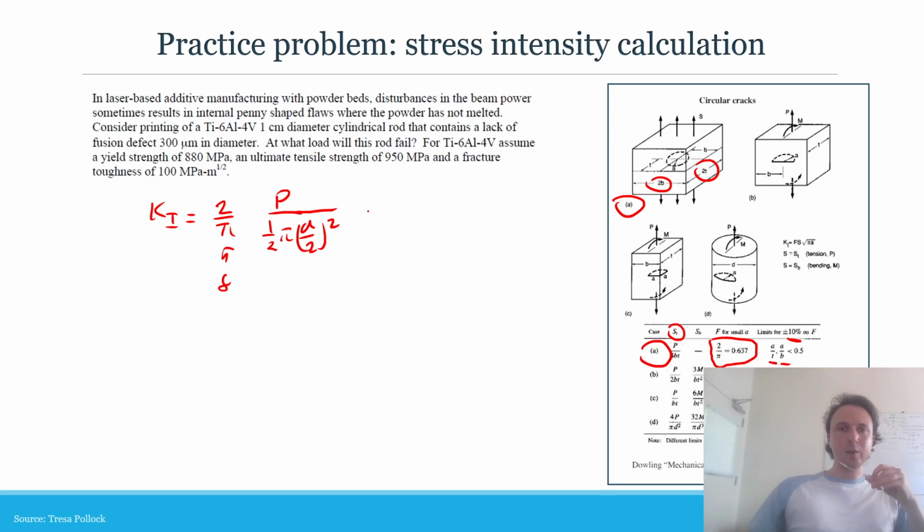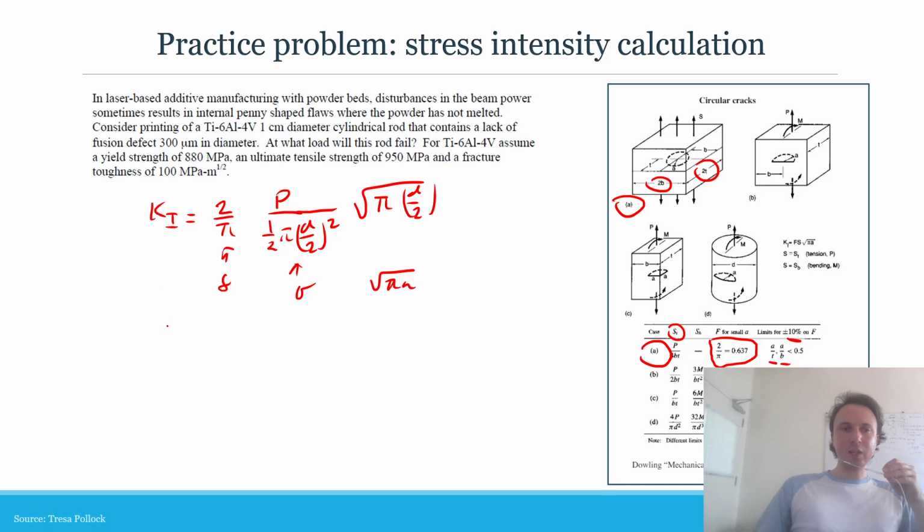And then we have the root pi a, where a in this case is also diameter over 2. Look at this figure if you don't see that for a second. So we know what this one is: this is our stress, and this is root pi a.